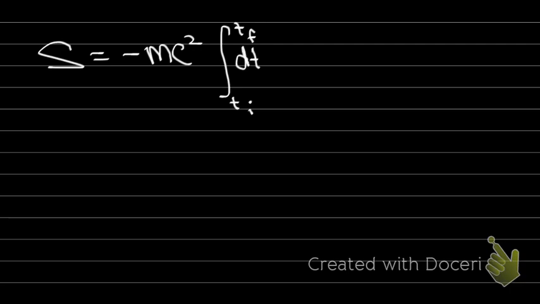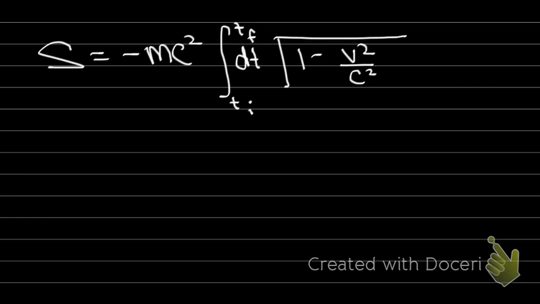Remember that this t is the ordinary time, and we have the root of 1 minus v squared over c squared. Note that this action is extremely elegant in physics and clearly Lorentz invariant.